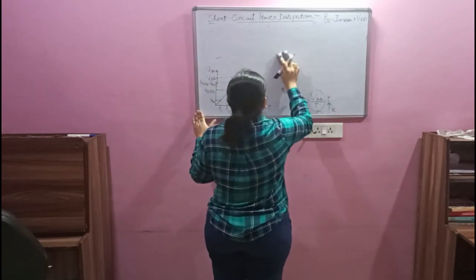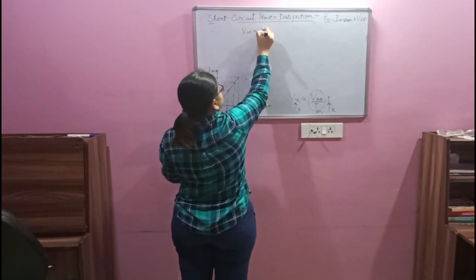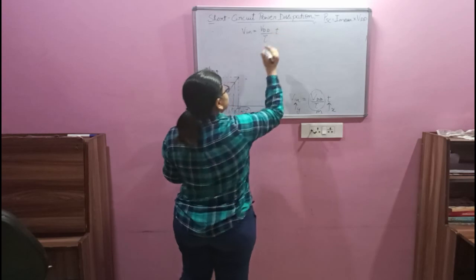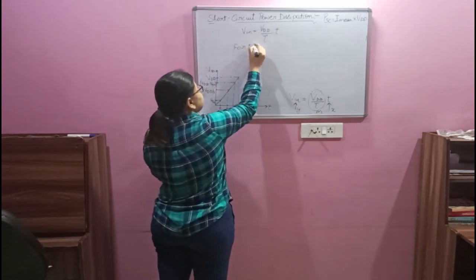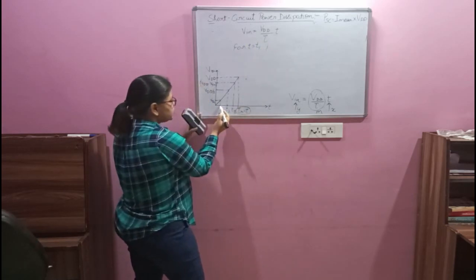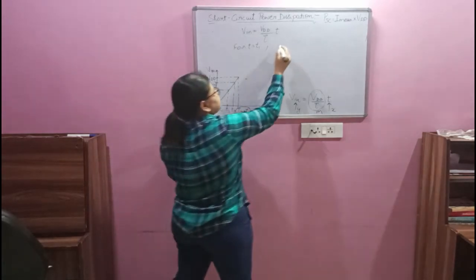It will be clearly shown there. So we have just written that Vin equals VDD upon tau into T. Now for T equals T1, at that time Vin is equal to VTN.